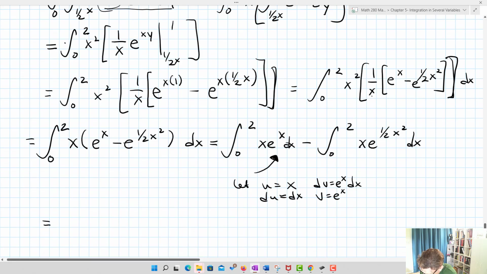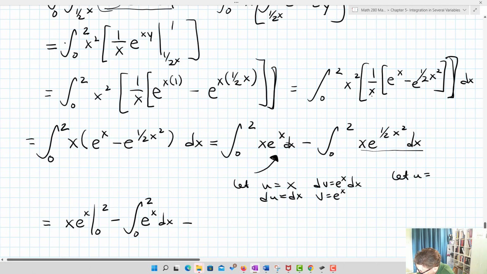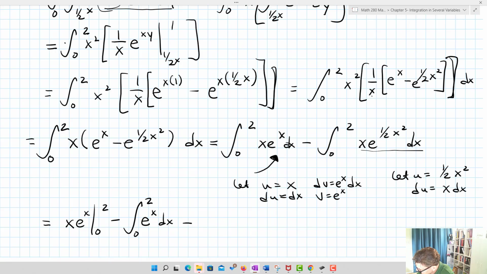So we're going to get x e to the x, evaluated from 0 to 2, minus the integral of e to the x dx, evaluated from 0 to 2, we'll get to there in a second, minus, and then this is a u substitution. So we'll let u equal 1/2 x squared, and we'll let du then equal x dx.